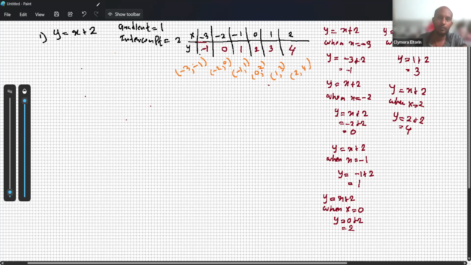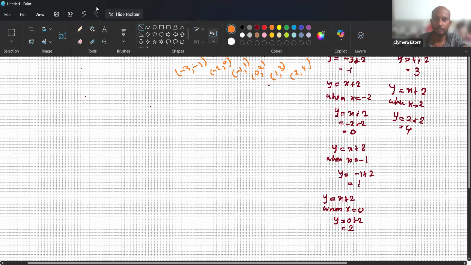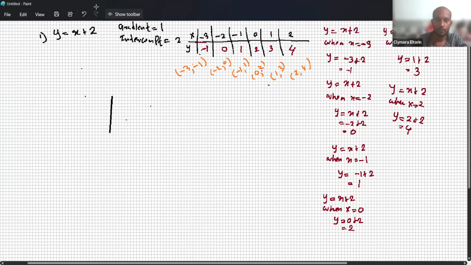Okay, now let's draw the graph. First of all, I'm going to draw the axes, x and y. This is my y-axis.